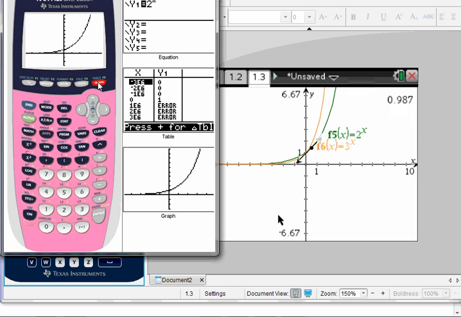And guess what? We want to draw a tangent line. Where do you think the slope is about 1? Well, looks like it might be at 1, doesn't it? Maybe it's over here. Okay, so you go under draw, second draw, which is above program, and you can do a tangent line there.